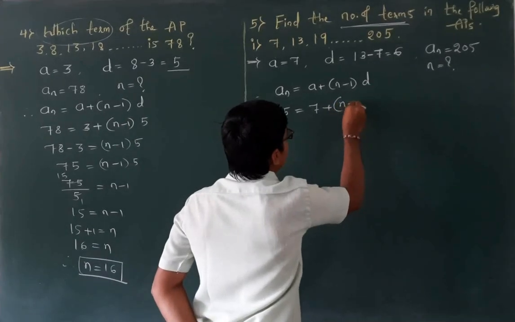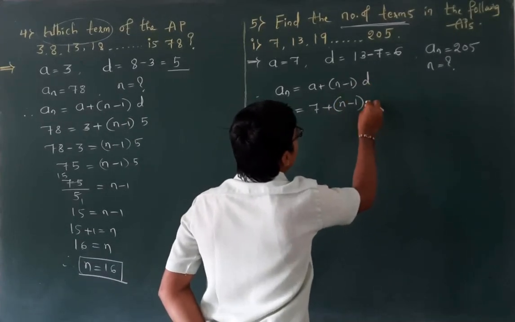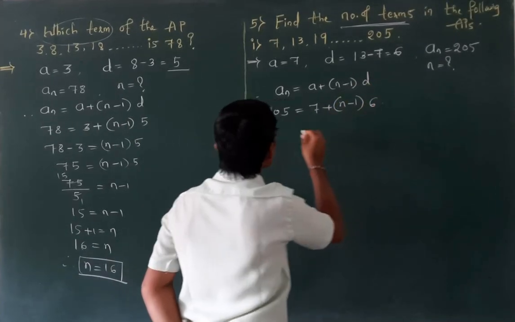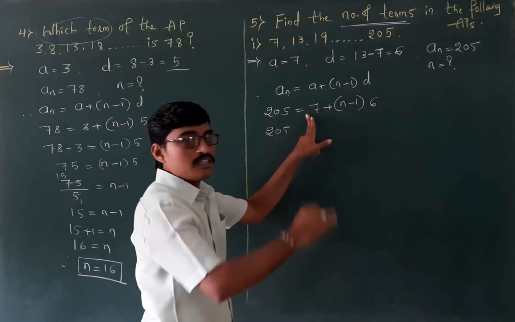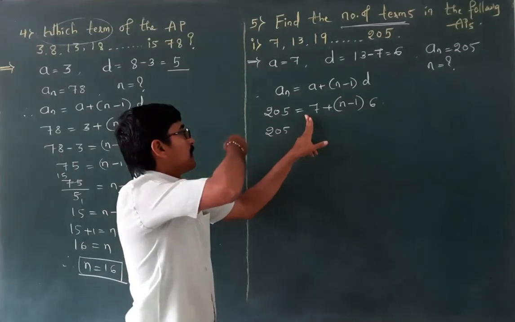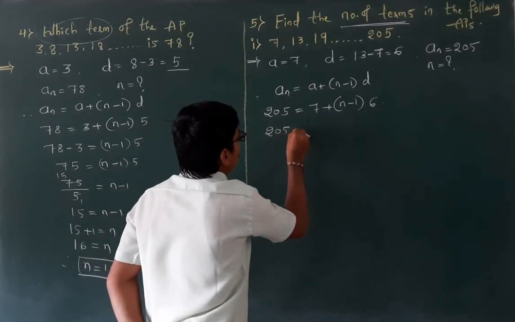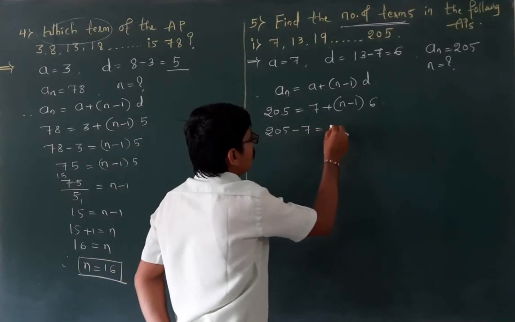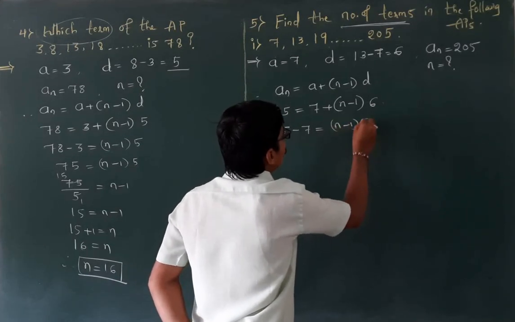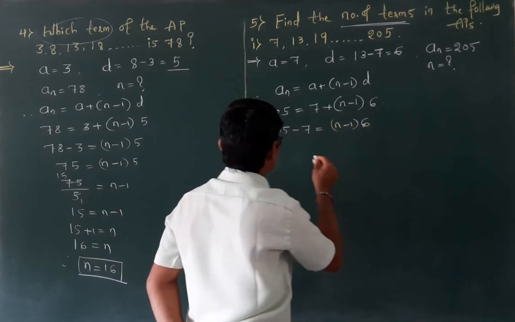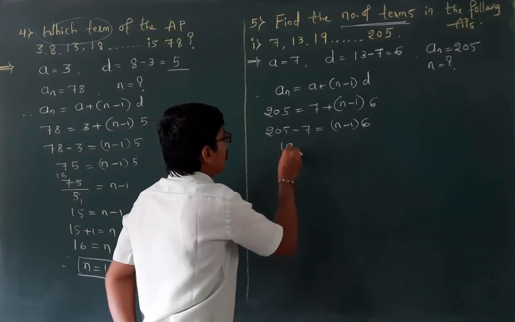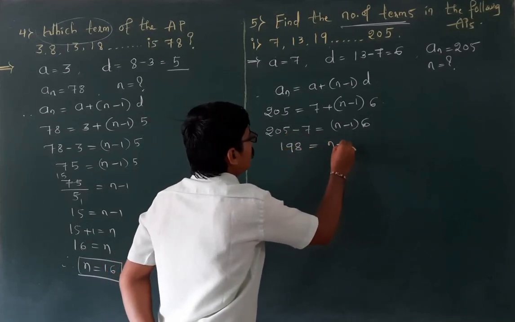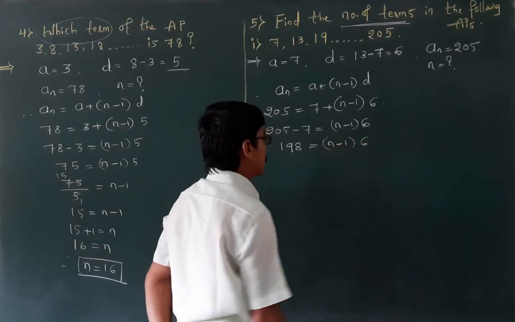So write n as it is, n minus 1 into d value 6. Here 205 plus 7 is there. It becomes minus 7 when it comes to the LHS side. 205 minus 7, which is equal to n minus 1 into 6. 205 minus 7 is 198, which is equal to n minus 1 into 6.